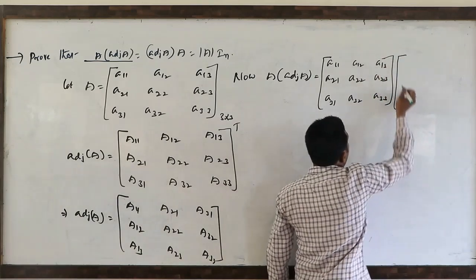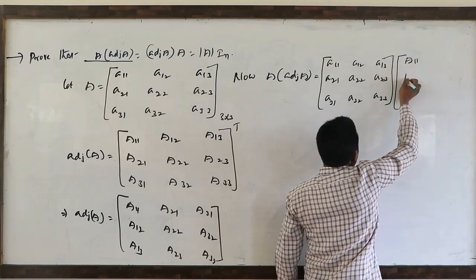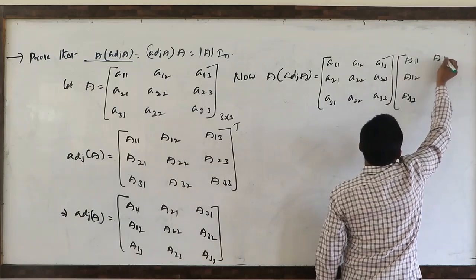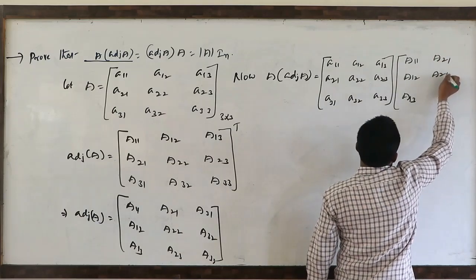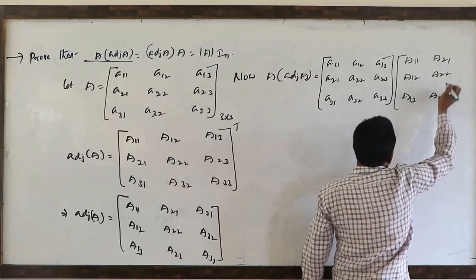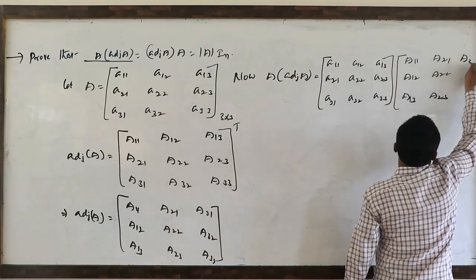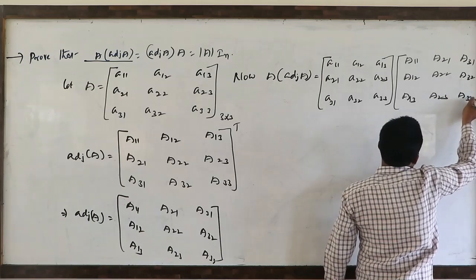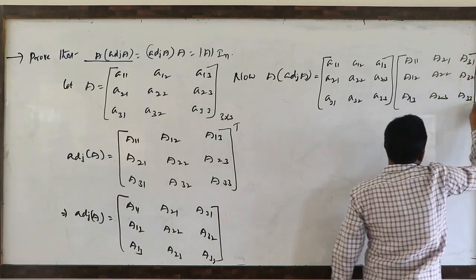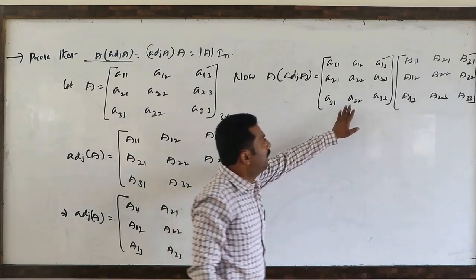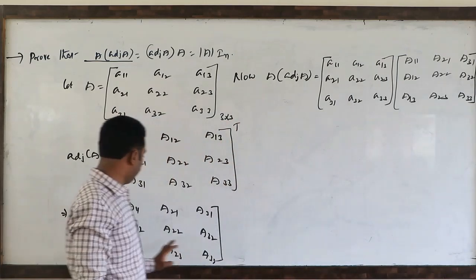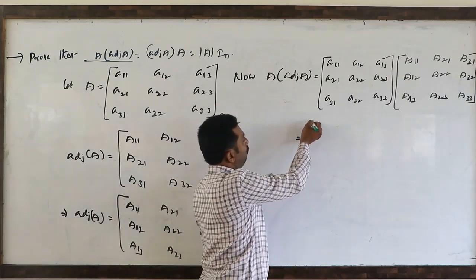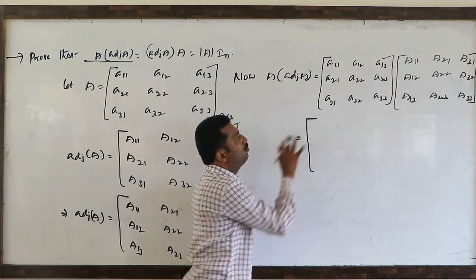And the adjoint of A is the matrix we already wrote here. This is the A matrix, that is the adjoint of A. Now we have to multiply these two matrices.